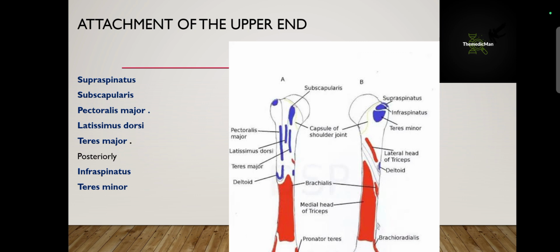The teres minor originates from the posterior surface and the lateral border of the scapula, and gets inserted into the lower impression of the greater tubercle. So these were the insertions of muscles on the upper end of the humerus.